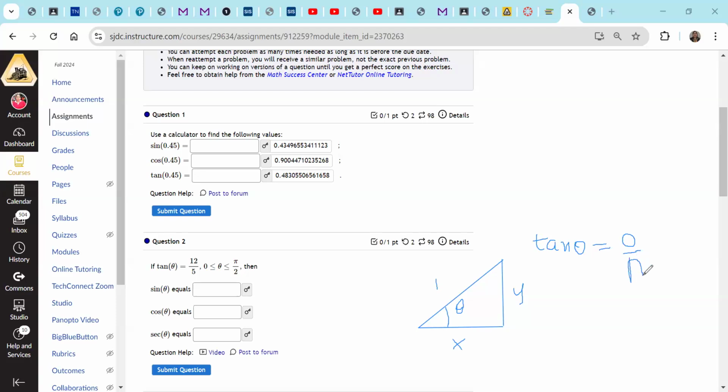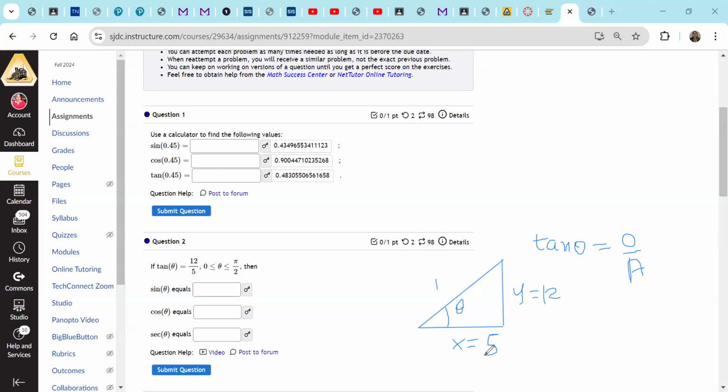From this theta, opposite is this side, which is 12. Adjacent is this side, which is 5. So we have those two numbers as the information, and then we can find sine, cosine, and the secant.